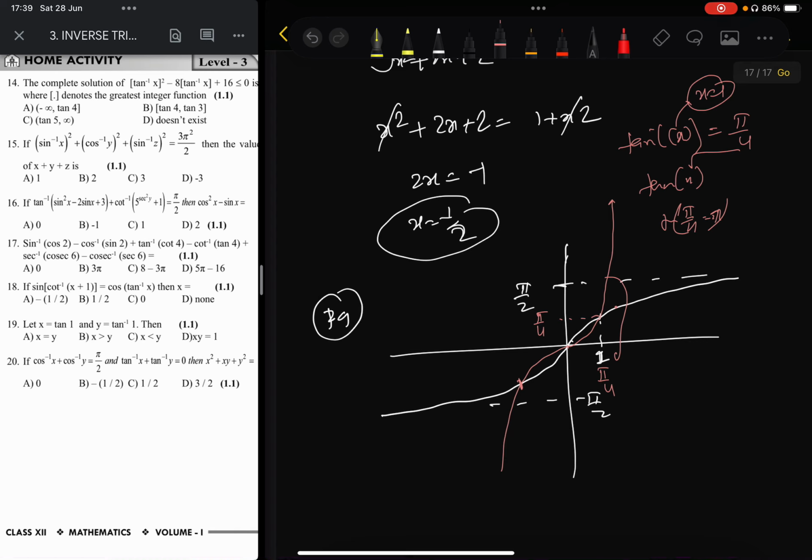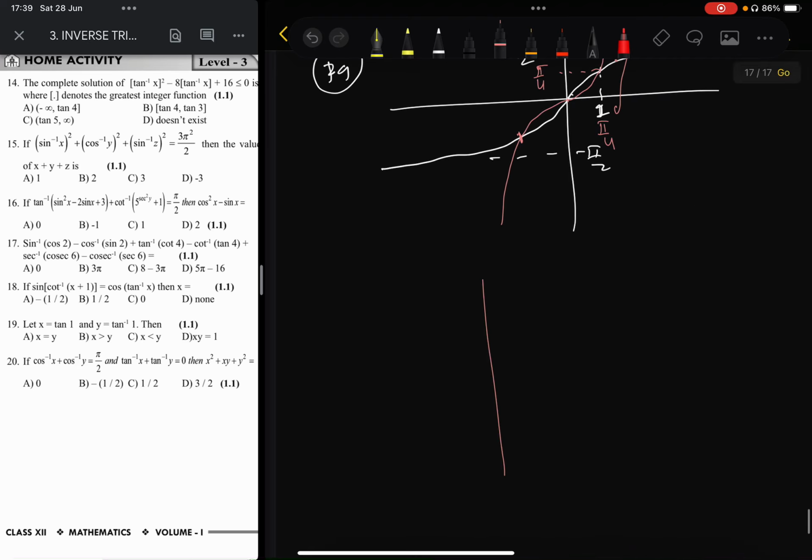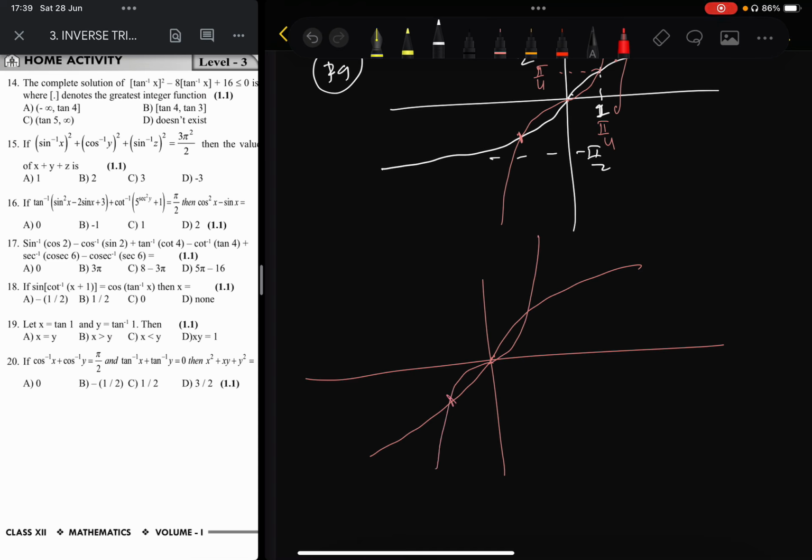Now this angle will be here. Just focus here. At this point both are the same, that means tan inverse x equals tan x, right?